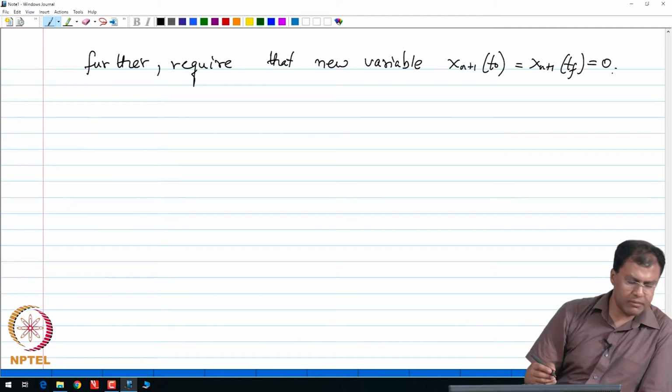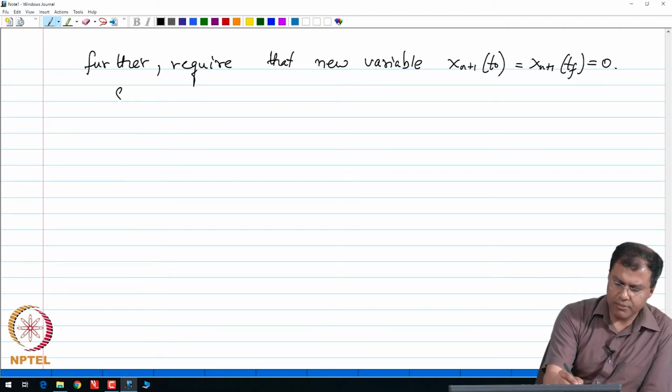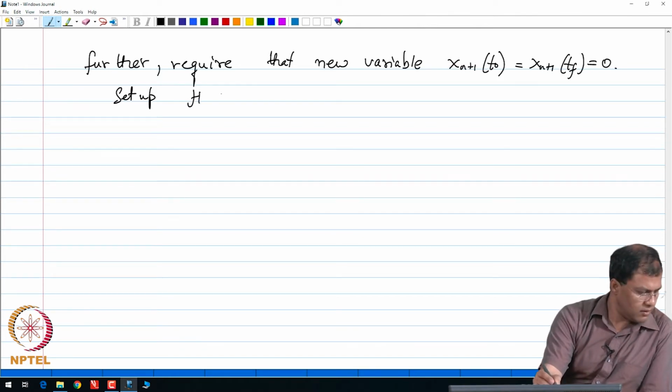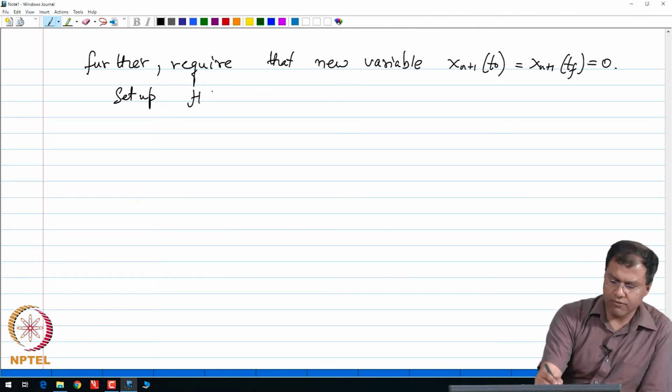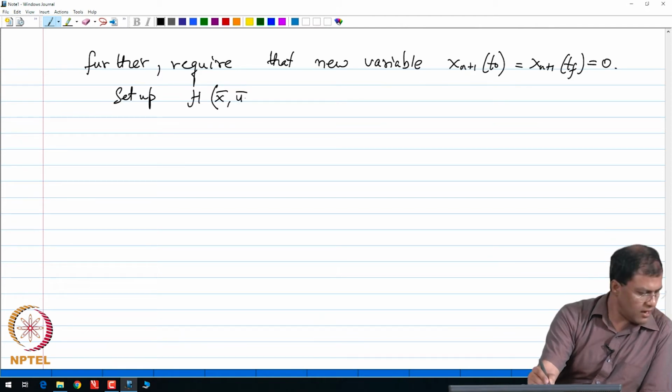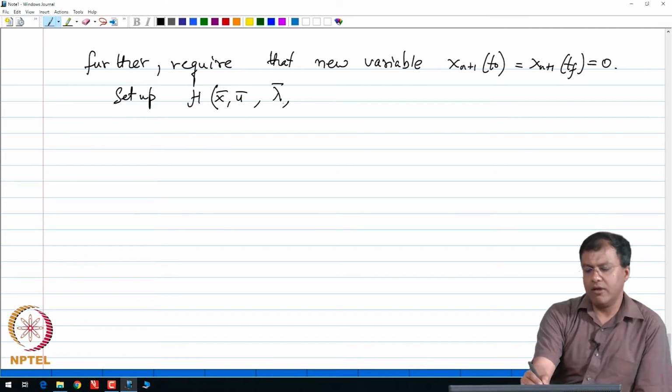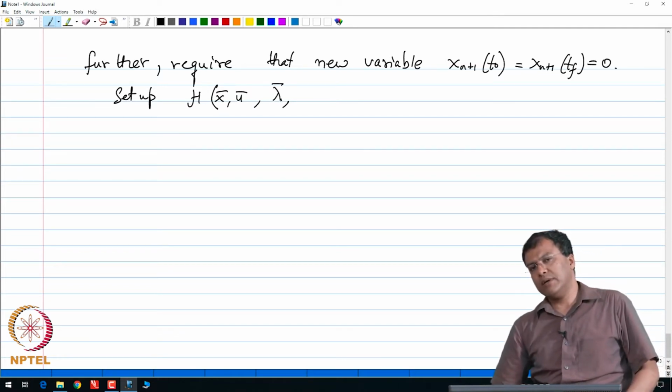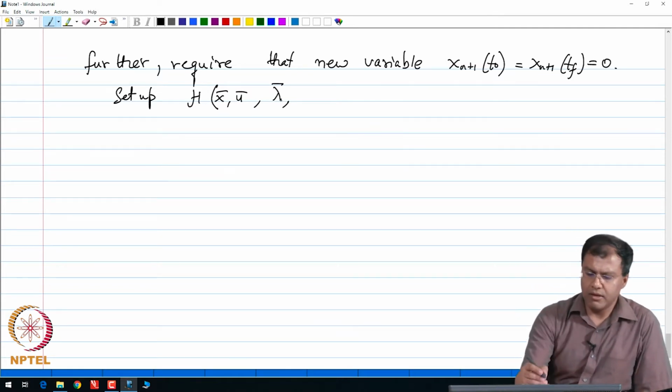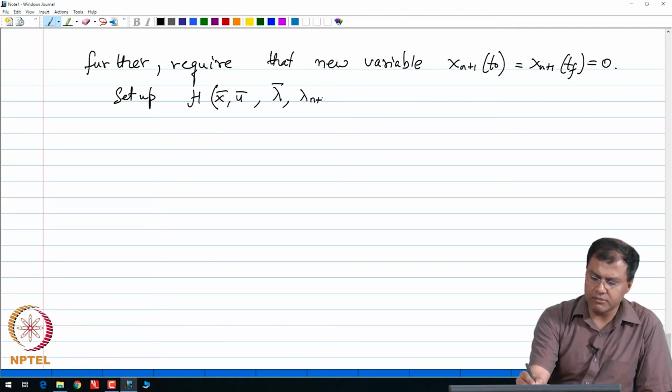Now we set up the Hamiltonian, H of x bar, u bar, lambda bar. Lambda is the Lagrange multiplier for the n variable system. We also introduce a second Lagrange multiplier for the n plus 1th variable.